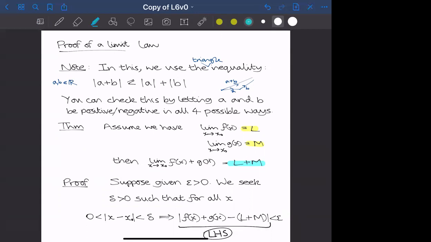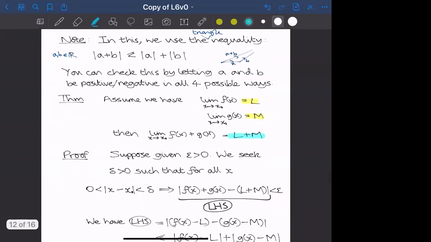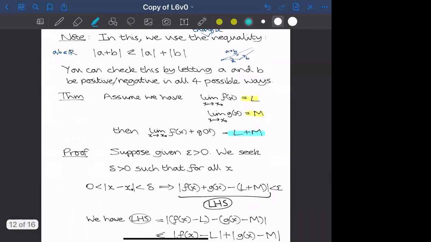So suppose, given epsilon greater than 0, we require delta greater than 0 such that for x, if the distance of x from x0 is less than delta but greater than 0, then this is true.